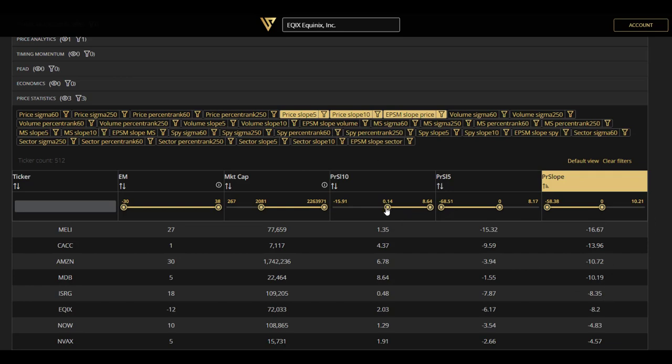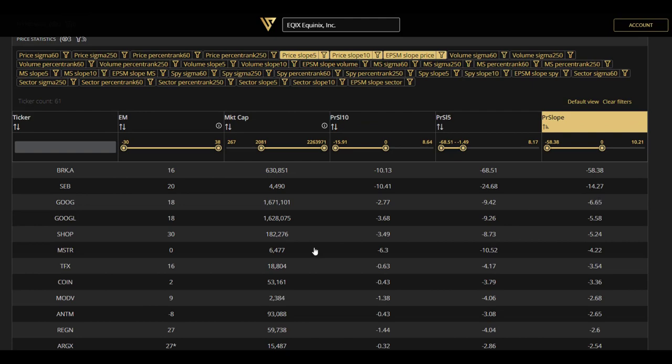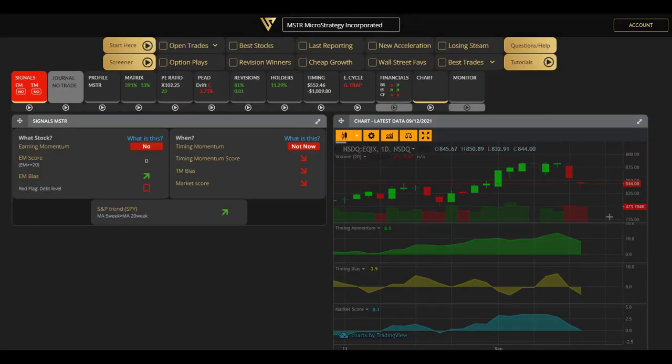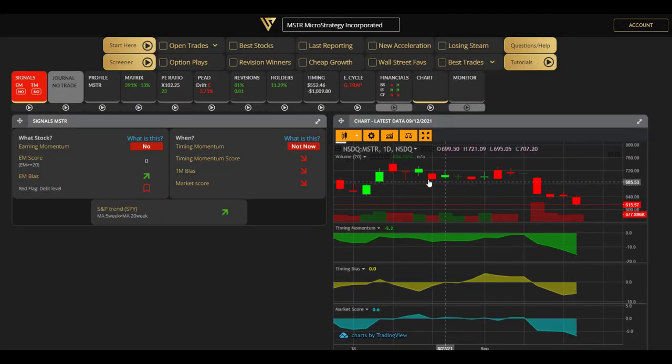Here we select the 10-day slope down, right? And then the second thing is we select the 5-day down, extremely down, and the slope negative. Right, so now I'm going to have MicroStrategy, for example, really going down and even further down in the last 5 days.